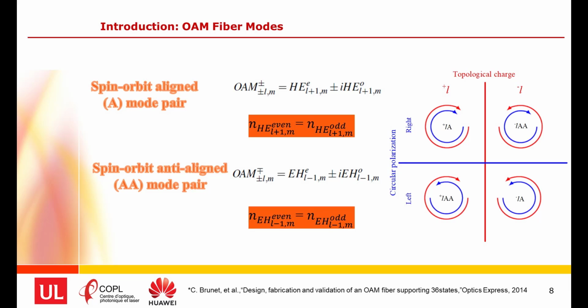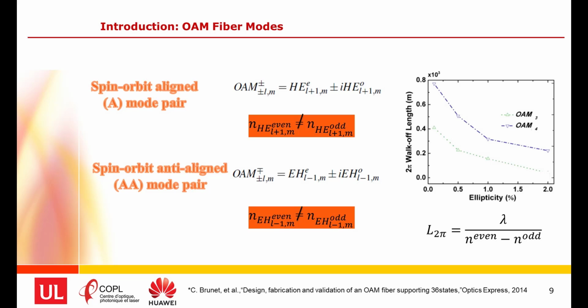So what's interesting about OAM compared to LP modes in exploitation for SDM is the fact that in this linear combination, by default, the eigenmodes have the same propagation constant. And this is what leads to the good characteristics of OAM. But of course, this is true in a perfectly symmetrical circular ring core fiber.